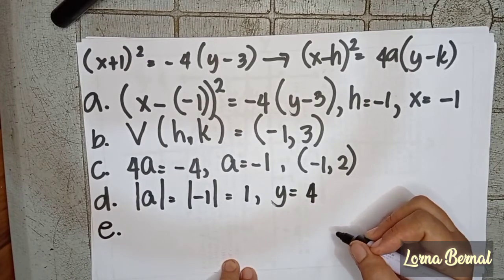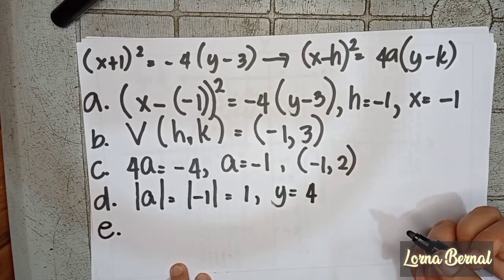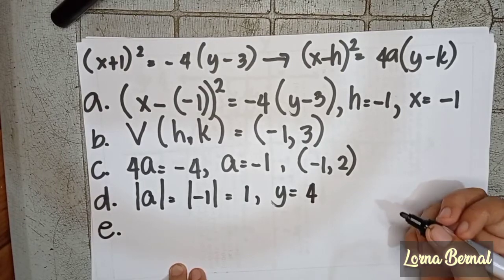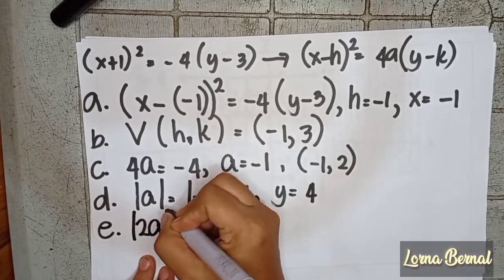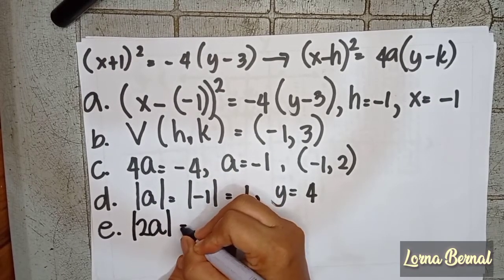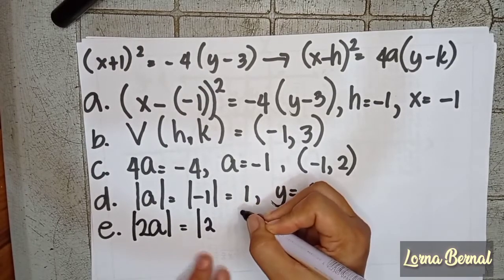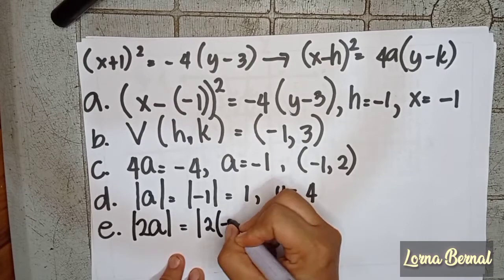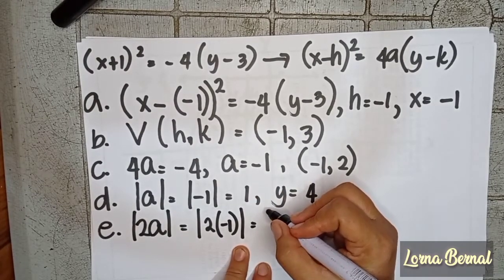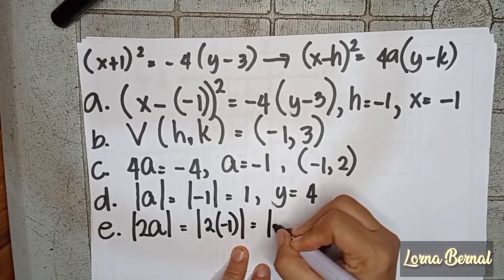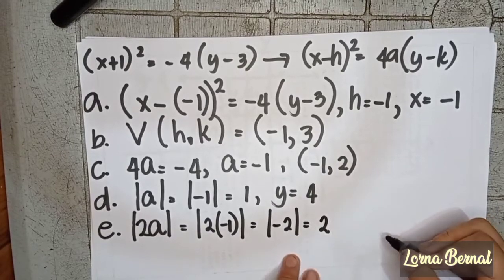Then letter E, the endpoints of the focal width. Since the directed distance of the focus from an endpoint of the focal width is the absolute value of 2a, we have the absolute value of 2 times −1, which is the absolute value of −2, and that is 2.